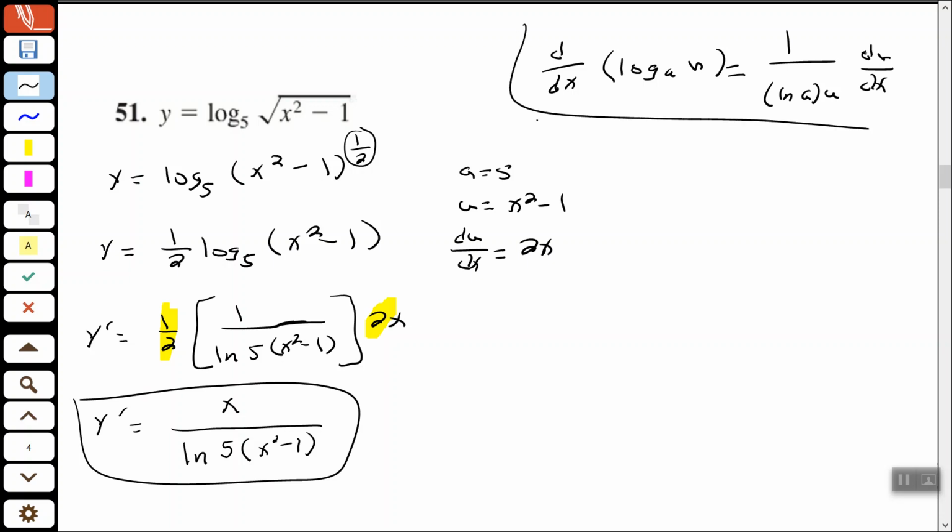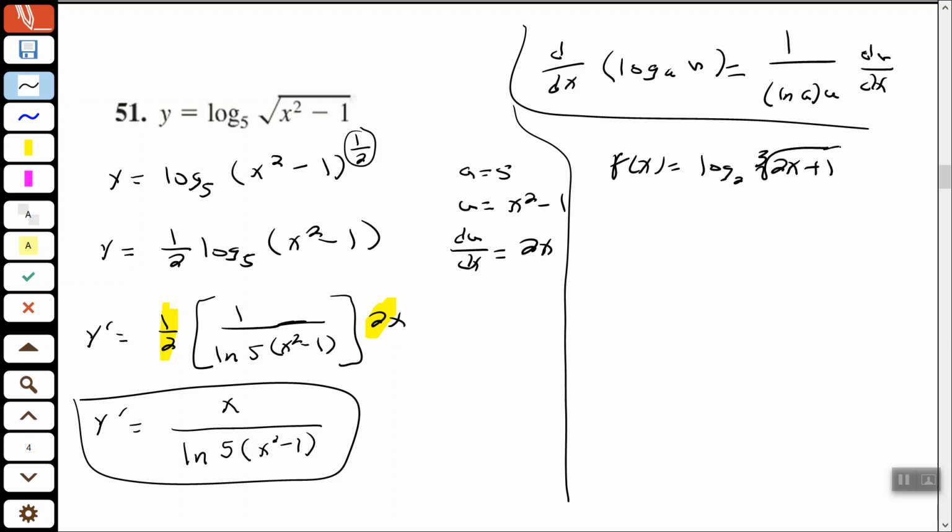Let's look at one more problem like that one. Let's say we have f of x equals log base 2 of the cube root of 2x plus 1. Okay.